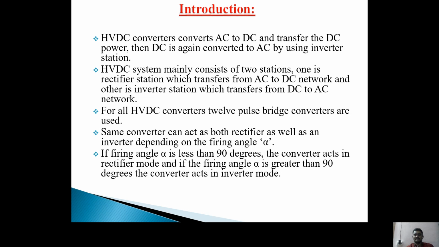If the firing angle alpha is less than 90 degrees, the converter acts as a rectifier, and if the firing angle alpha is greater than 90 degrees, then the converter acts as an inverter.